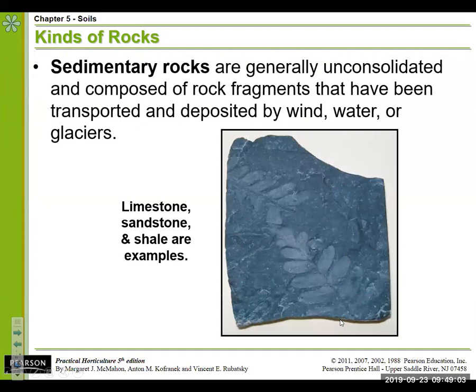We can look at sedimentary rocks, which are kind of glued together, right? They're fragments of rock that have been transported and deposited by wind, water, or in some cases, glaciers. So we have limestone, sandstone, and shale being examples of sedimentary rock, cemented together throughout time.